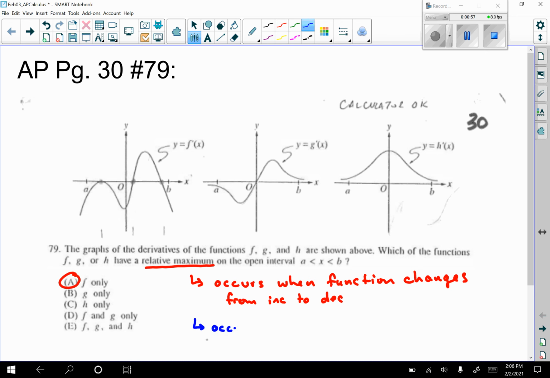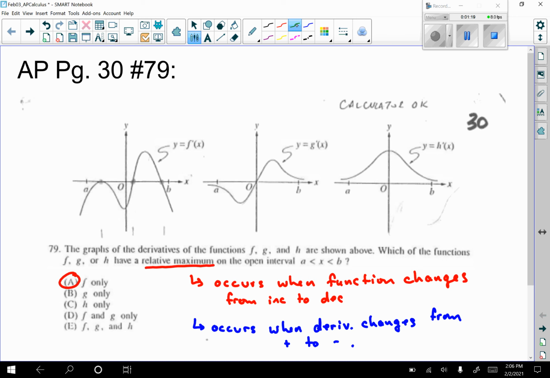So in other words, this will occur when our derivative changes from what to what? Positive to negative. So let's see where this happens.